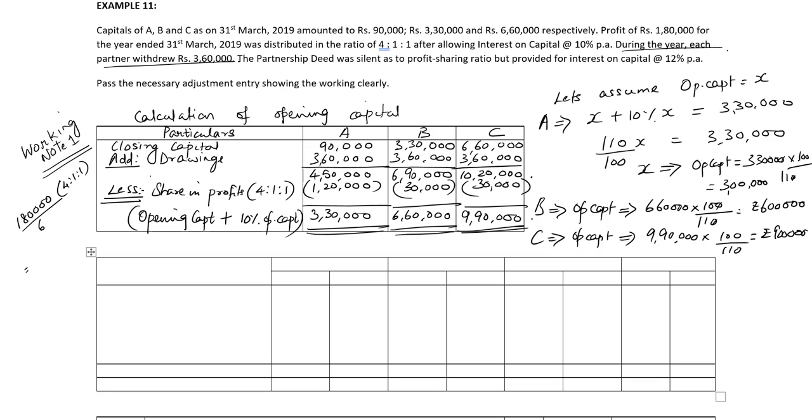So now that we've got the opening capital, we will go ahead and do the second working note, which is the table showing adjustments to be made.